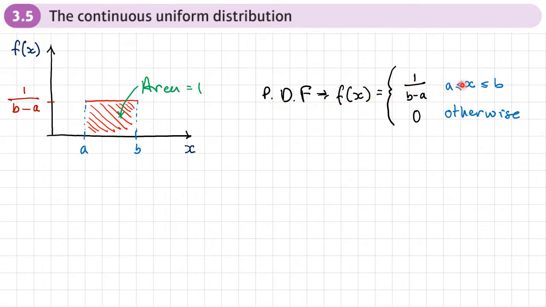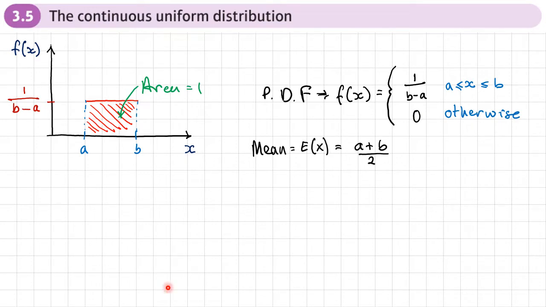For values of x between a and b in this interval, the probability is 1 over b minus a, and it will be the same regardless of the value of x. And for anything else, over here, the probability is 0.